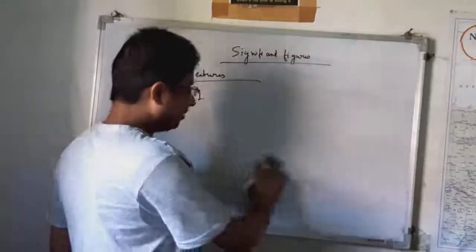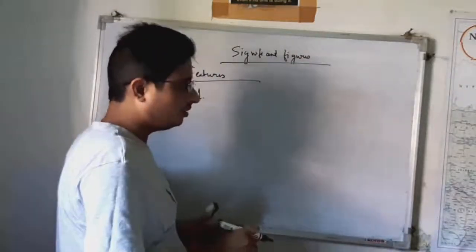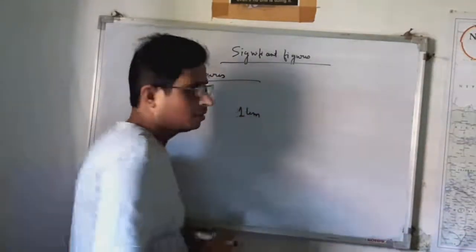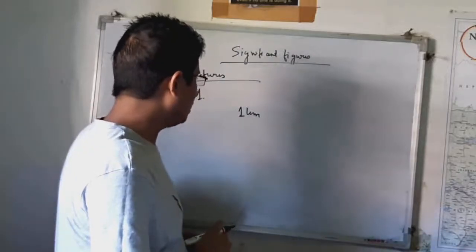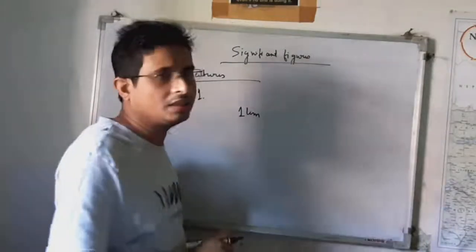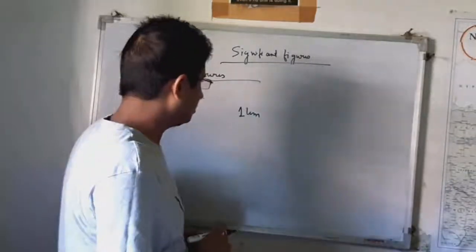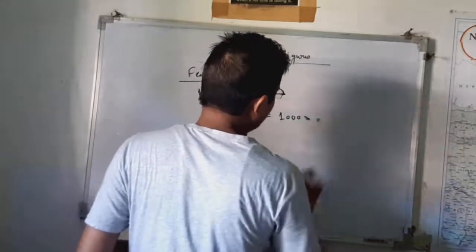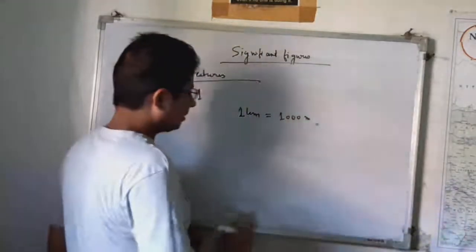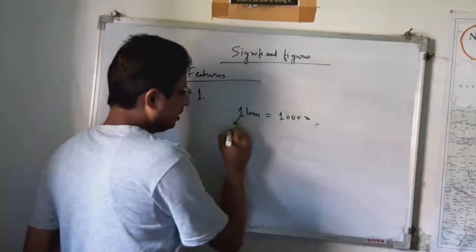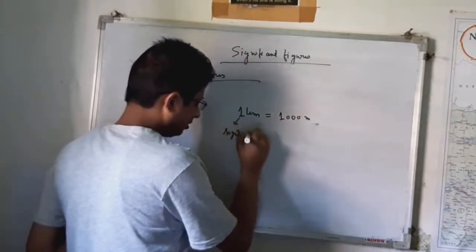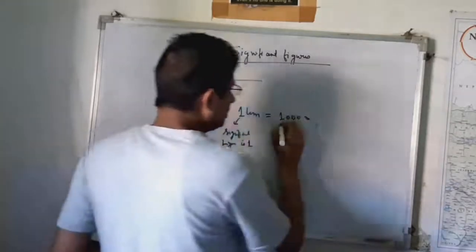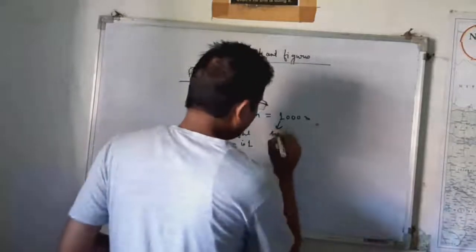That means suppose I want to measure a length or a distance between two places, which is 1 kilometer. It can be expressed as 1000 meter. In the first case the significant figure is 1, and in this case also the significant figure is only 1.